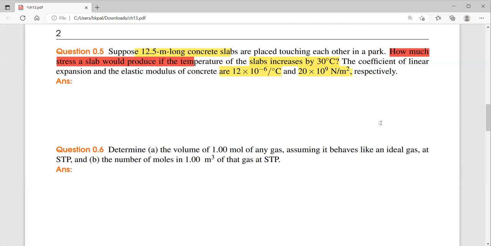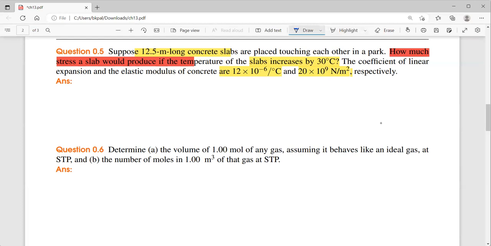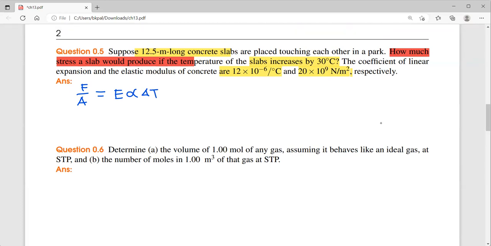Now remember that we already derived the equation for thermal stress, and it was something like this. F over A, that is the thermal stress, equals the elastic modulus, or the Young's modulus, times alpha times delta T. And the good thing is everything on the right hand side is known. So Young's modulus is 20 times 10 to the power 9 Newton per meter square.